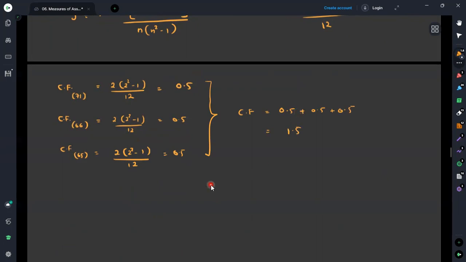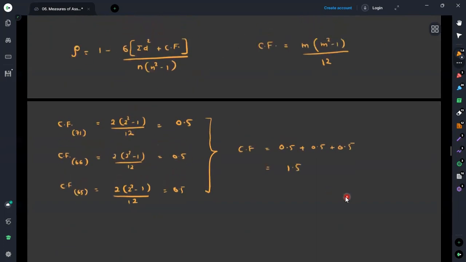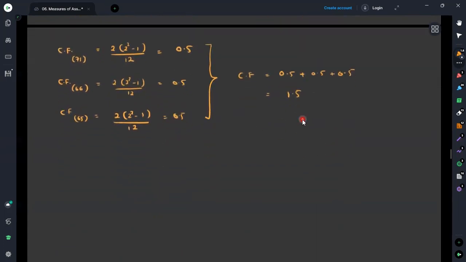Now we can substitute the values in the formula which is given to us. It is 1 minus 6 times the summation of d squared plus the correction factor, divided by n times n squared minus 1. Here the summation of d squared was obtained as 52.